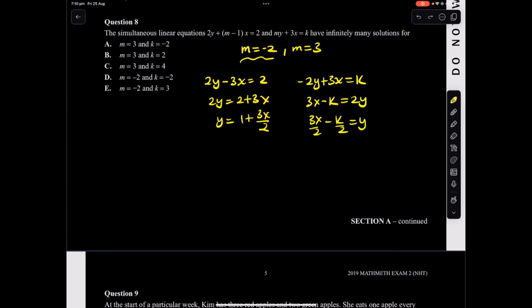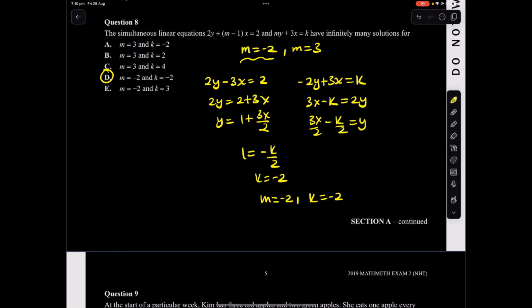And for it to be infinite in solution, the y-intercepts must equate. So we can say 1 must equal -k on 2. So that'll mean that k is equal to -2. So when m is -2, k must also equal -2. Is that right? Yep. Is there an answer for that one? m equals -2. D looks like your answer for that one.